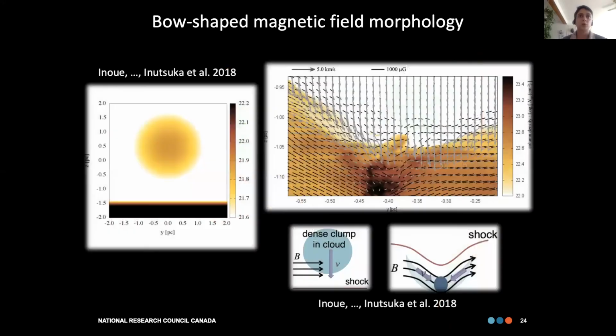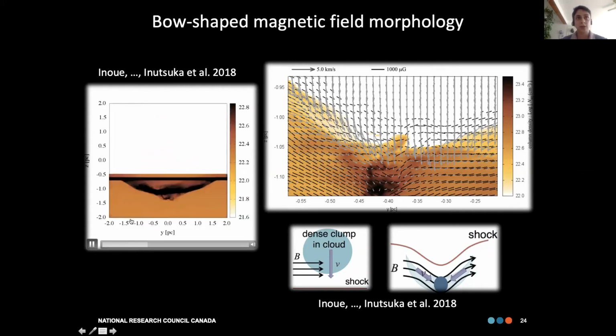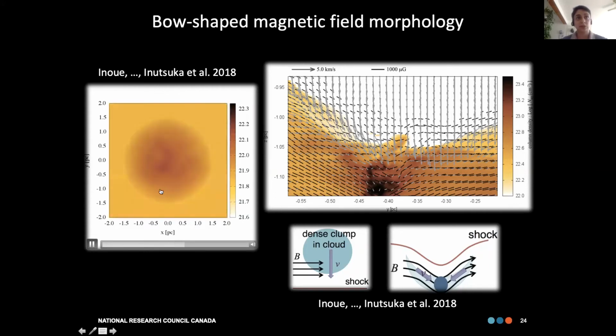They further use ideal MHD. These are MHD simulations by Inoue et al. 2018, where they have a dense cloud of 1,000 particles per cubic centimeter and an H1 shell of 100 particles per cubic centimeter. The cloud starts colliding with velocity v into the H1 shell, and it starts forming dense filamentary structure within that region.